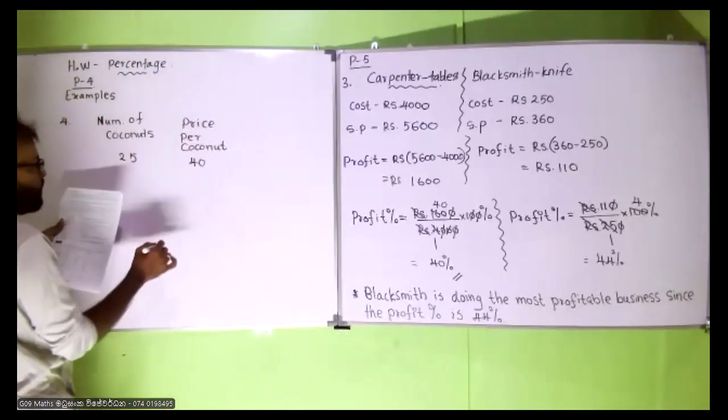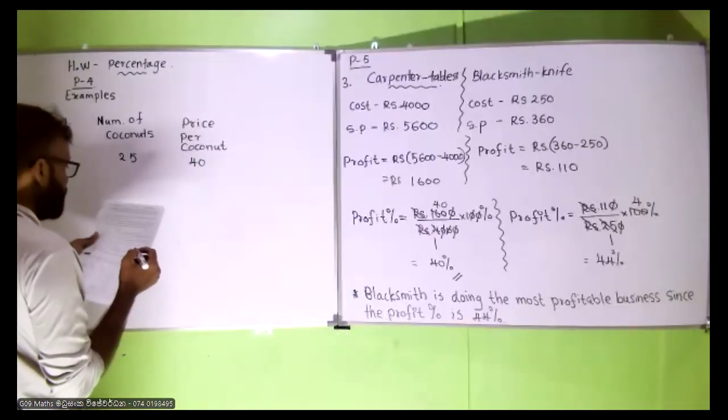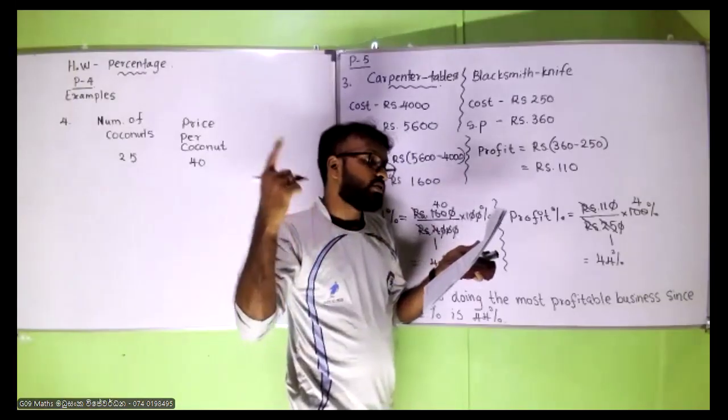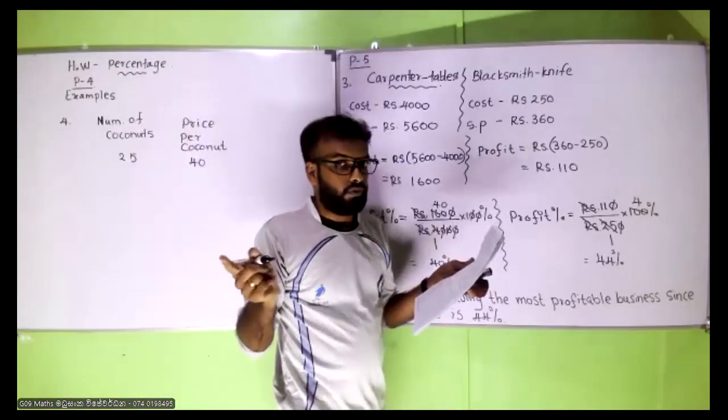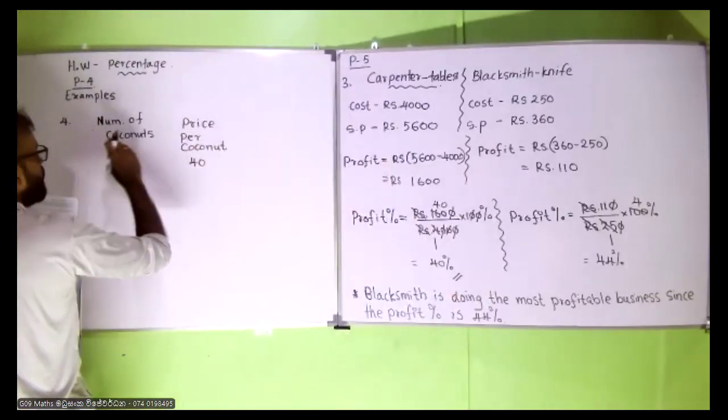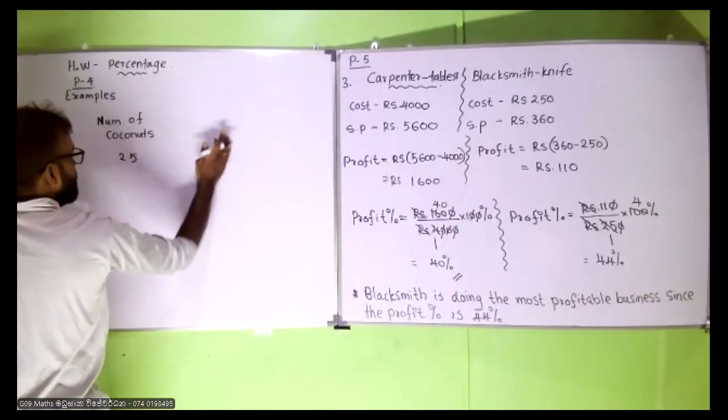Like buying price, 40 rupees. Then, if the vendor sells all the coconuts at the price of 55, right? Selling price. So this is buying price. So I will write it like this.